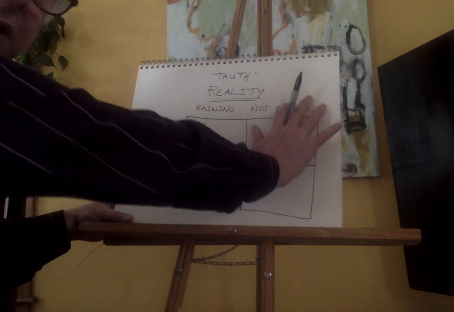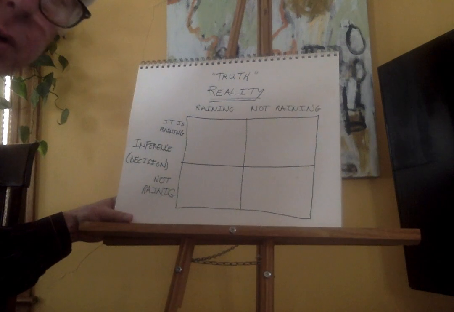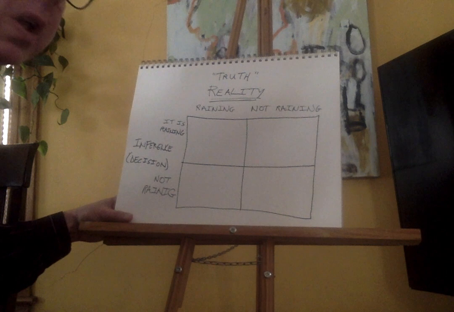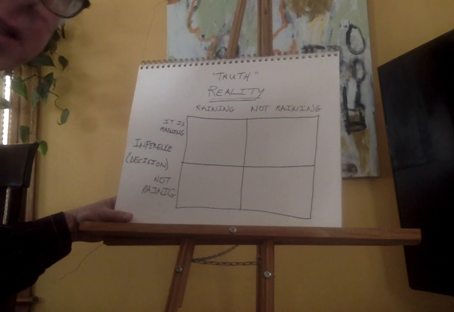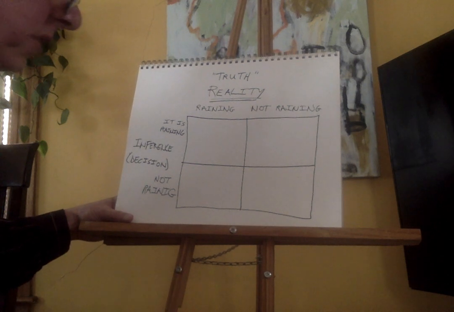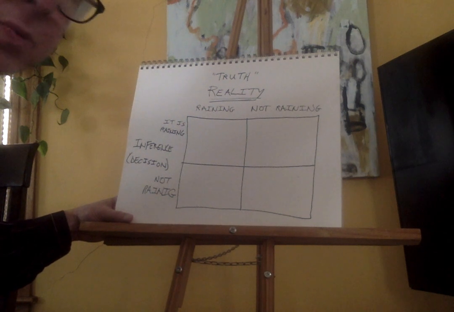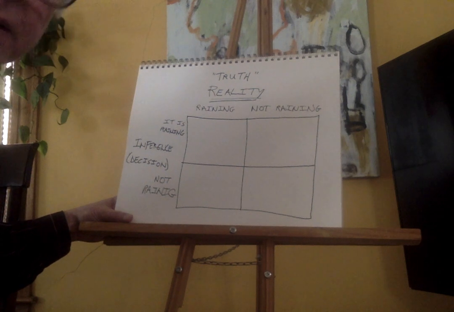Now, you don't see reality. You're in this room without any doors or windows. And so you don't know what the truth is. You don't know what is really happening. And I'm asking you to guess whether it's raining or not. Okay? So in this situation, then, there are four possibilities in terms of how your decision matches with reality.